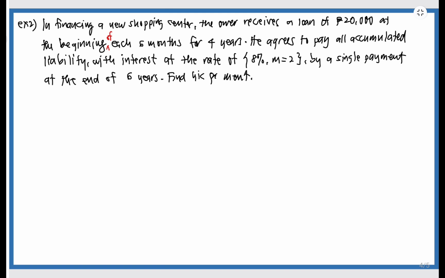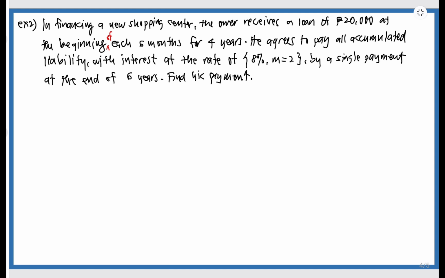He agrees to pay all accumulated liability with interest at the rate of 8% per annum semi-annual by a single payment at the end of 6 years. Find his payment.